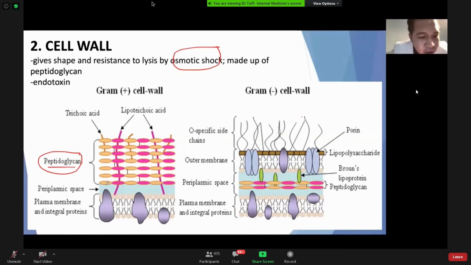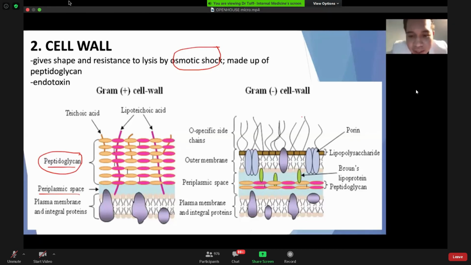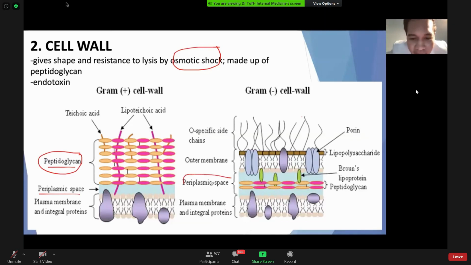Next, you also have here the presence of the periplasmic space. But remember, the periplasmic space in gram-positive organism is thinner. Ang periplasmic space ng gram-negative ang mas makapal. So ito, compare natin siya. And then, the presence of the plasma membrane, which is a lipid bilayer, walang pinagkaiba sa gram-positive versus gram-negative.